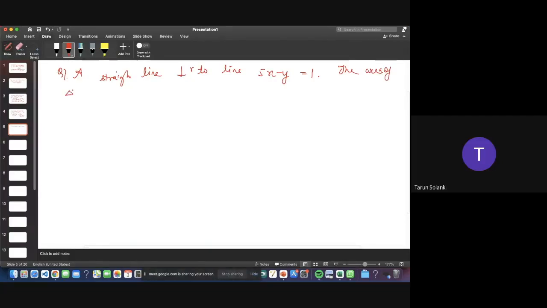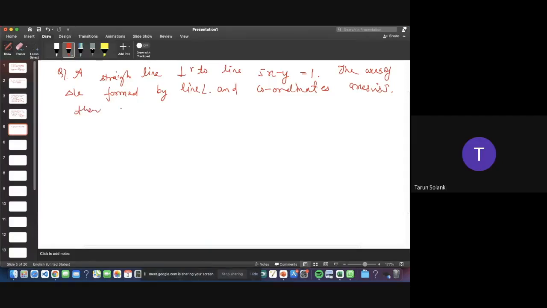The area of the triangle formed by the line with the coordinate axes is 5.